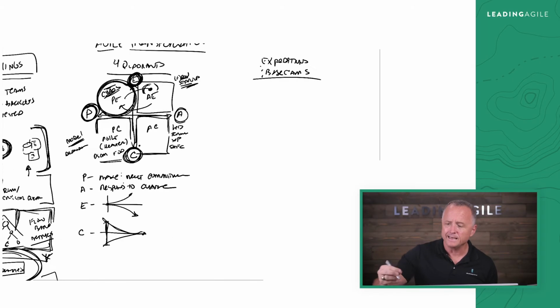When you have dependencies, they don't go away overnight. So now I'm going to go back to the transformation journey. The transformation journey is about forming teams, building backlogs, producing working tested software, and understanding that dependencies don't go away overnight. So we introduced this idea of base camps.